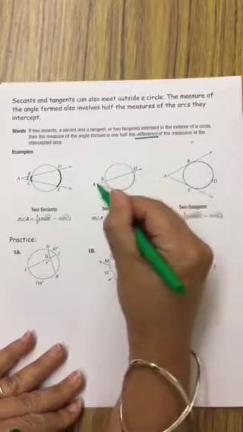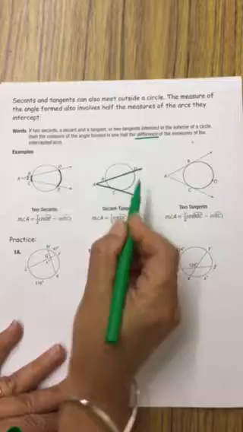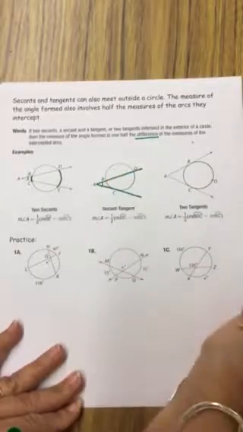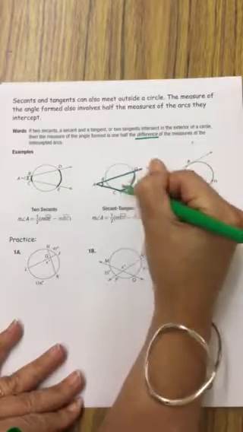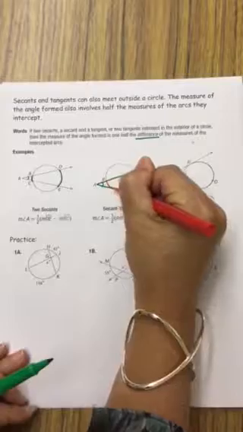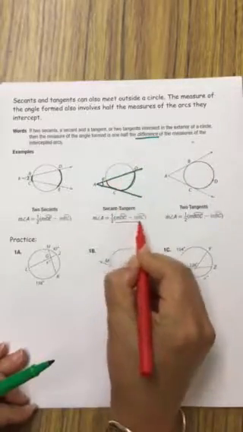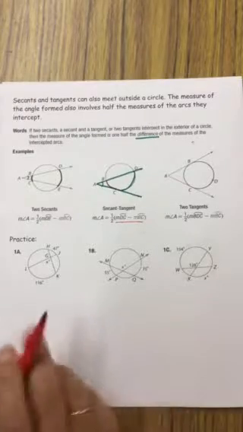You could also do this with a secant and a tangent. Here's my secant, here's my tangent. Angle A is my exterior angle. You take the difference between arc DC minus BC. Once you find that difference, you take half, and you have the measure of angle A.